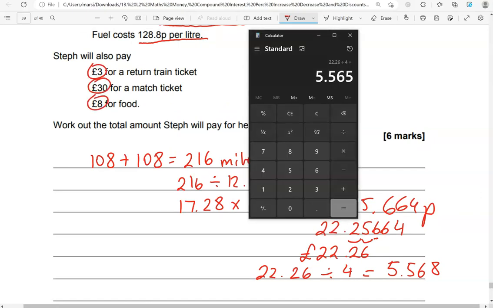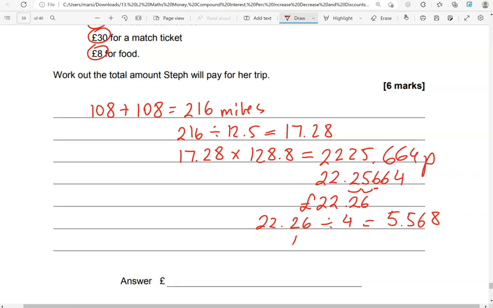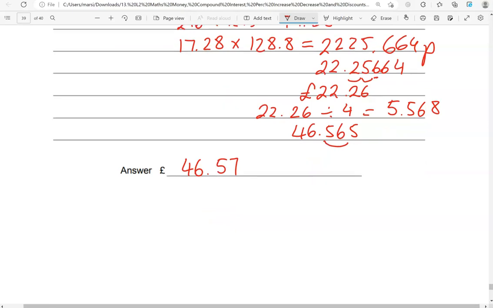So that is 5.565 plus 3 plus 30 plus 8 gives us 46.565. So that is £46 and 57 pence.